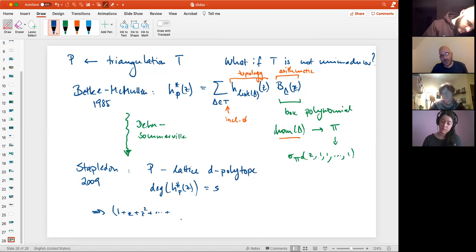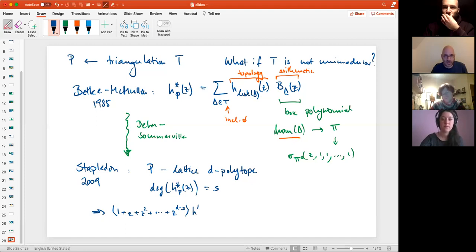If h star has degree s, I have to multiply by a degree d minus s polynomial. So take this, multiply by h star. And now do a symmetric decomposition. What I mean by this is I'm going to write this as a sum of two polynomials.